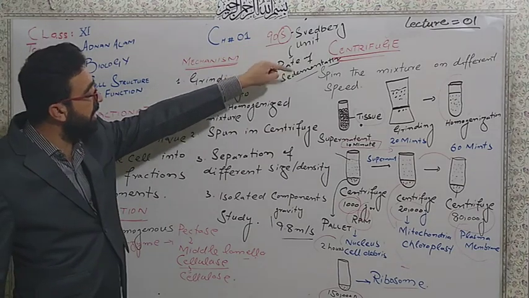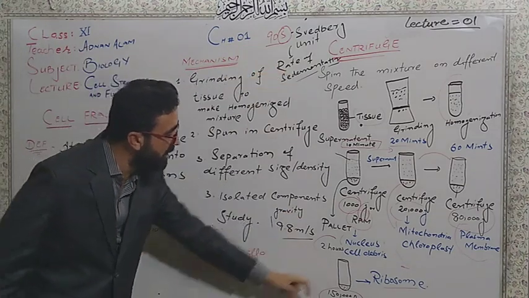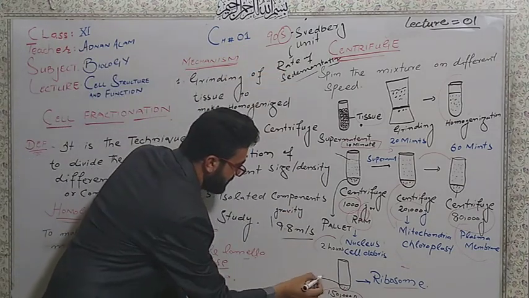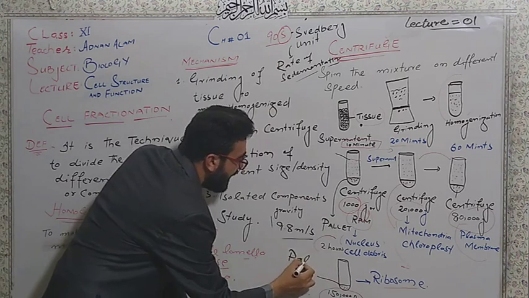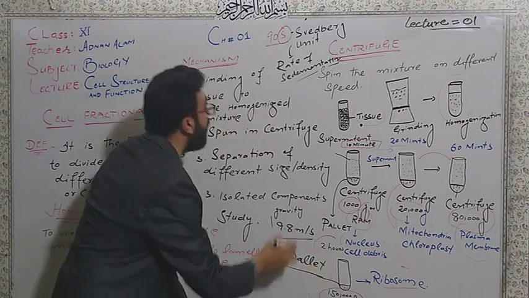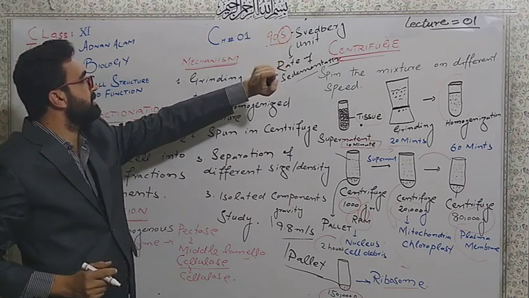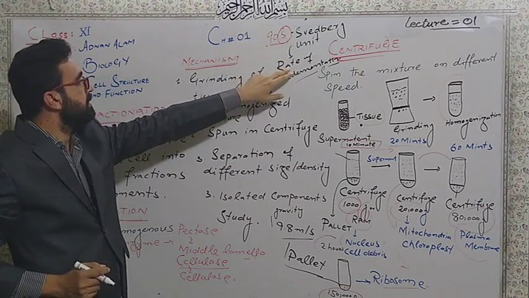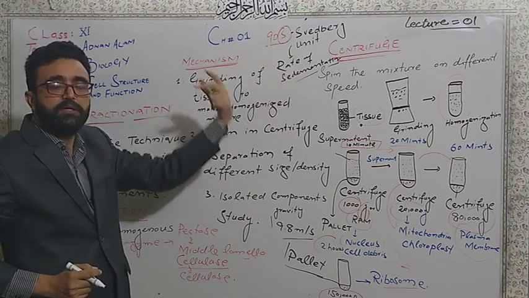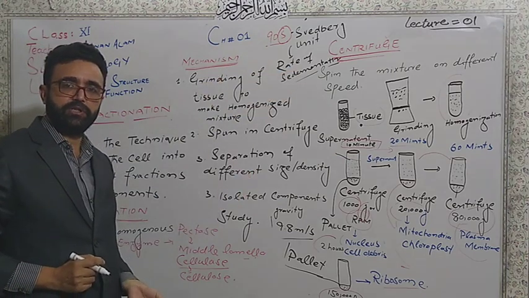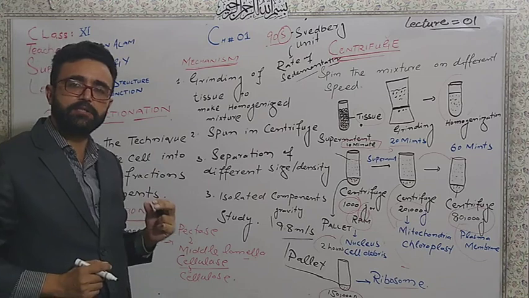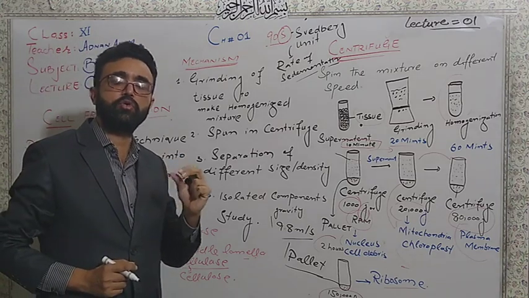The rate at which it sediments in the pellet tells us the size of the ribosome. If it has more S, then the rate of sedimentation is high. If less S, the rate of sedimentation is low.